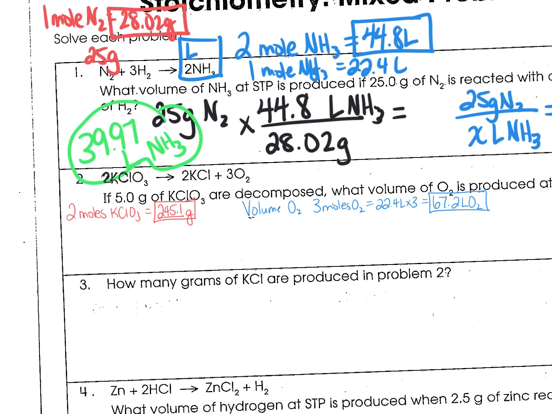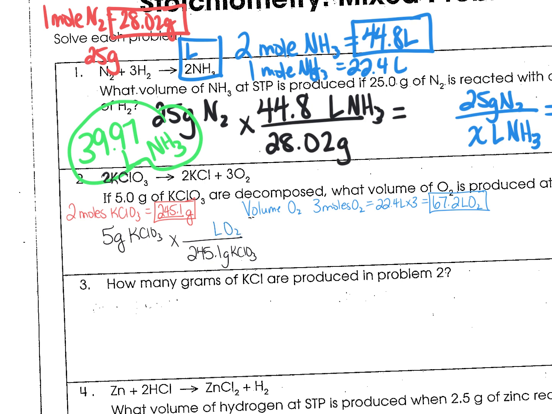So again, if I solve this the alternative way, I start with my 5 grams of KClO3. I don't want grams of KClO3, so it's going on the bottom. My balanced equation says 245.1 grams of KClO3. And then I want to find liters of oxygen.